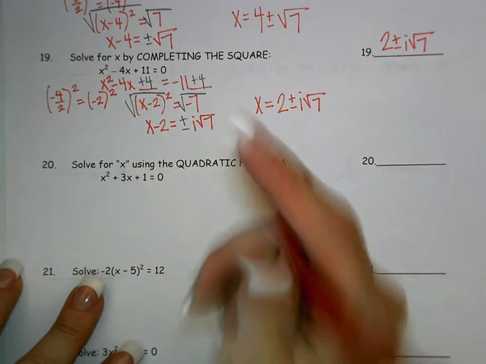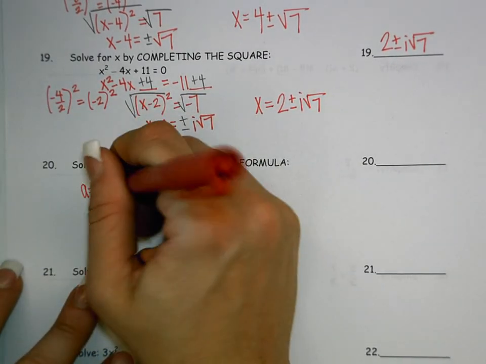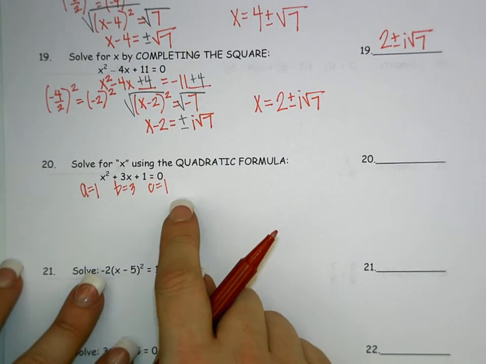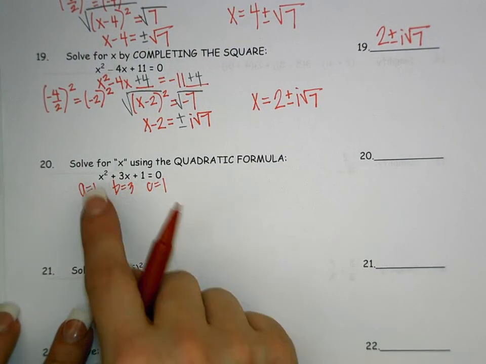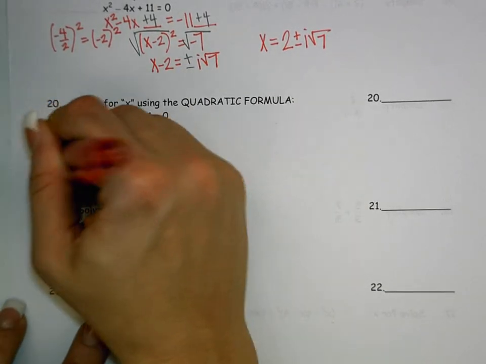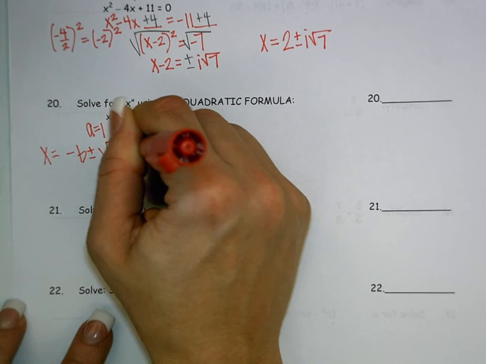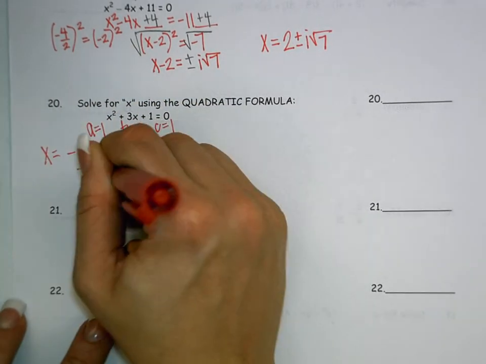This one, start by identifying your ABCs. So A is 1, B is 3, C is 1. Remember, you can't identify those ABCs until you have everything on one side of the equation. So quadratic formula is x equals negative b plus or minus root b squared minus 4ac over 2a.